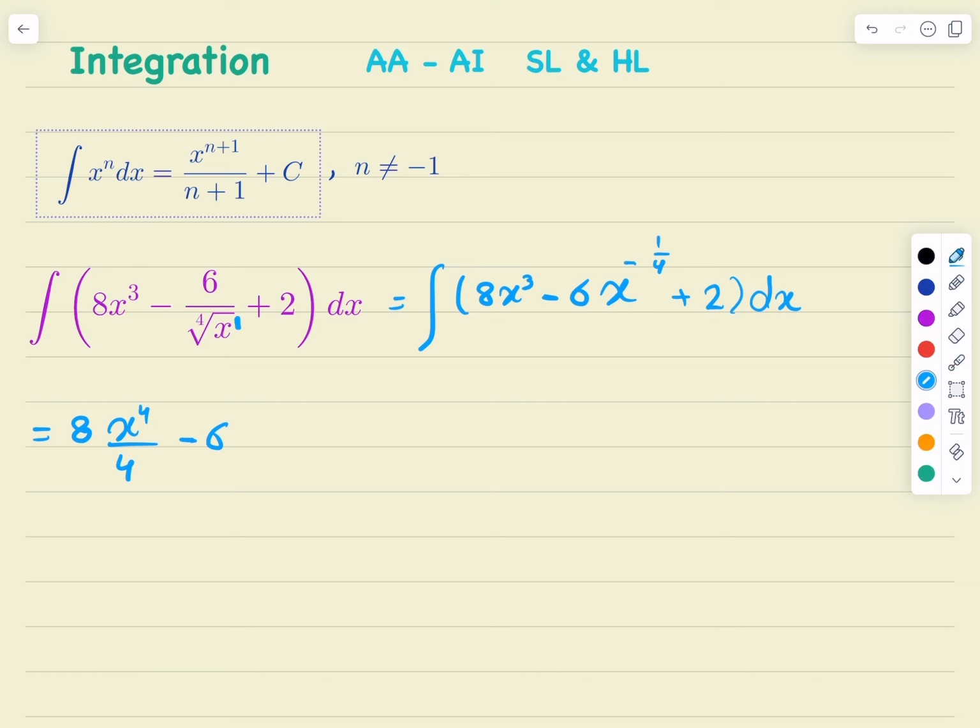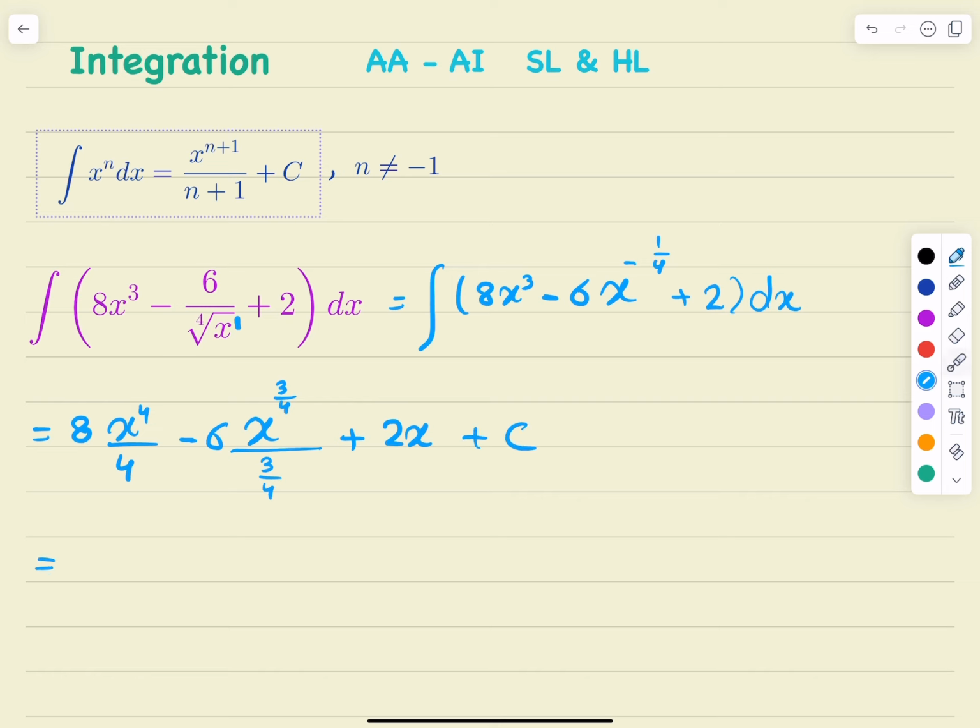Negative 1 over 4 plus 1 will be positive 3 over 4, and then we divide by the same new power. Here, of course, we keep the negative 6 that's multiplied by x as it is. Then, when we integrate a constant 2, as we said above, it just becomes 2 times x immediately, plus c.